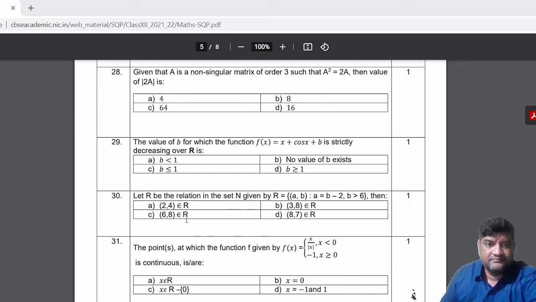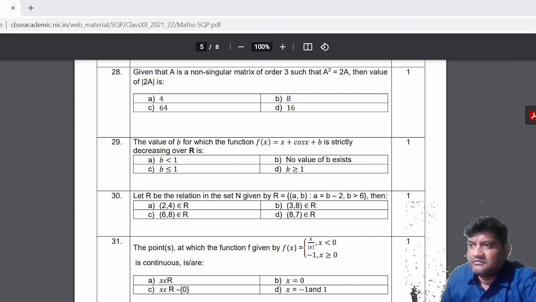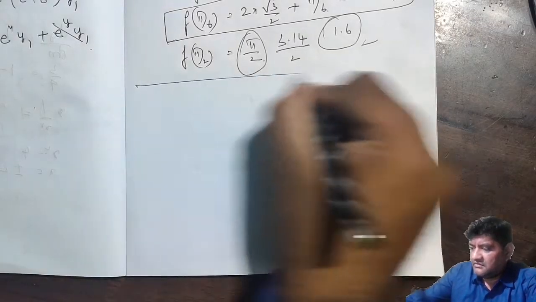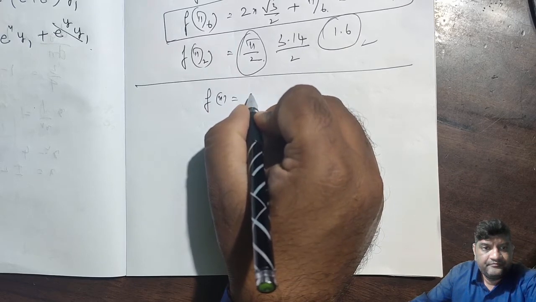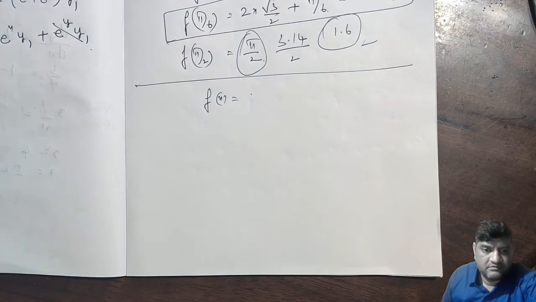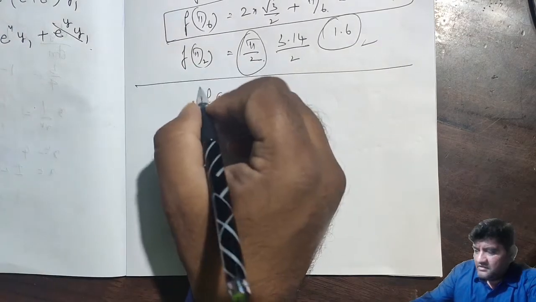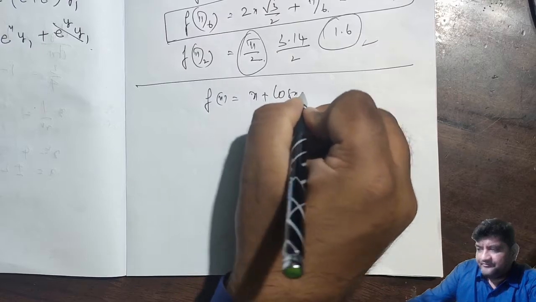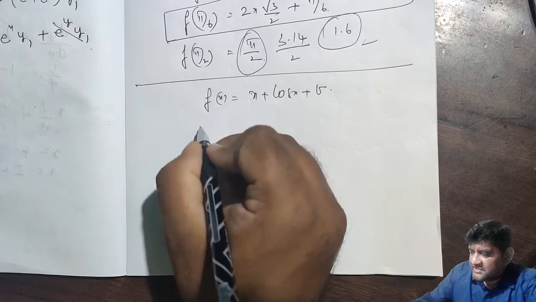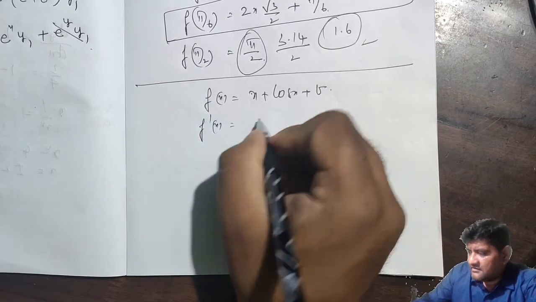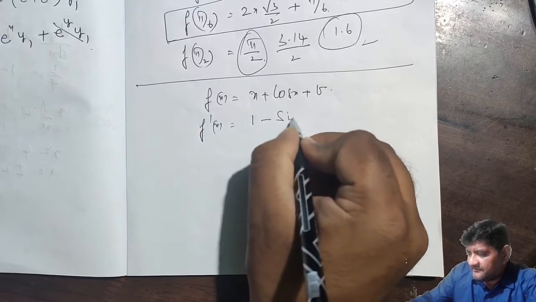Question number 29. So we have f of x as equal to x plus cos x plus b. So I differentiate this function. 1 minus sin x.